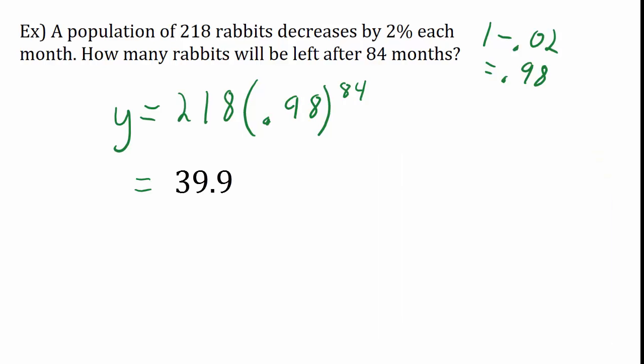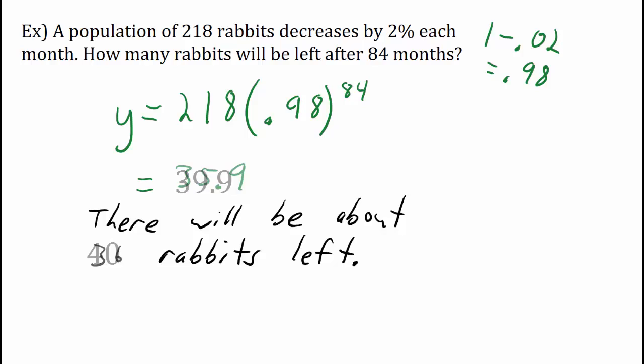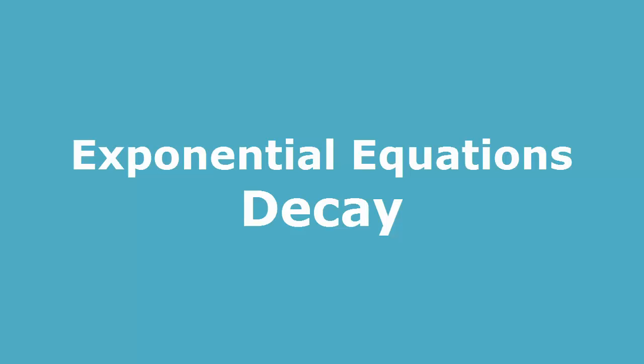The equation tells us that after 84 months, there are about 35.9 rabbits left. Let's round that off to the nearest rabbit. In this lesson, we explored how to write exponential decay equations.